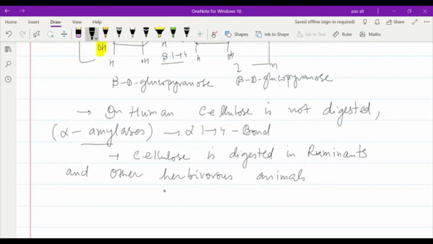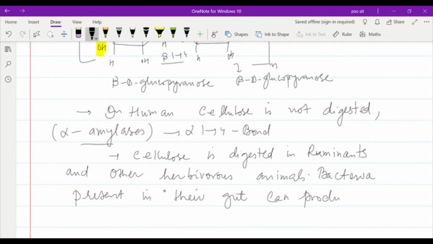Because their guts contain bacteria that can produce cellulase, which brings about the digestion of the cellulose.